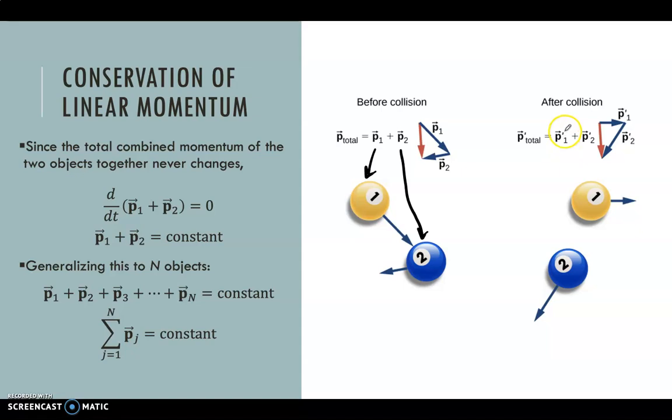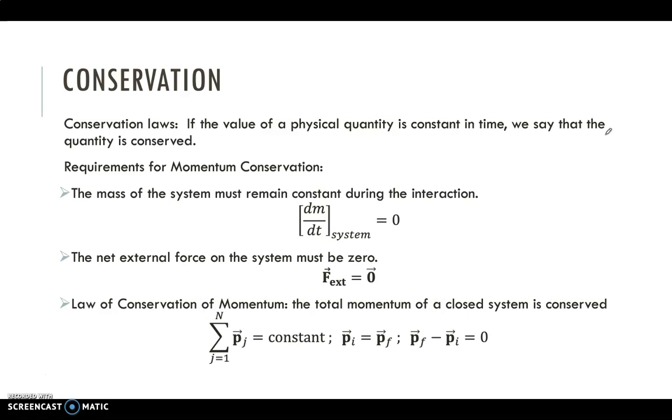We have some p1 and some p2, and these are different momentums now. If we look at our conservation laws in general, if a value of a physical quantity is constant in time, we say that quantity is conserved. And so that's what we have here with momentum.